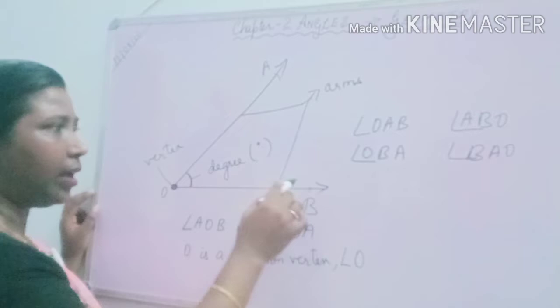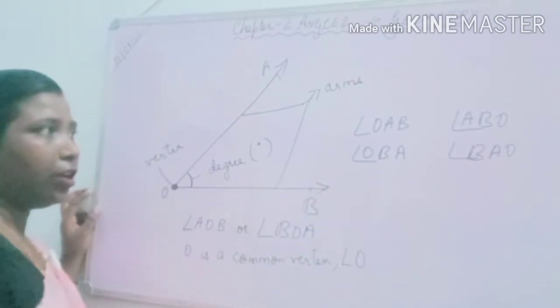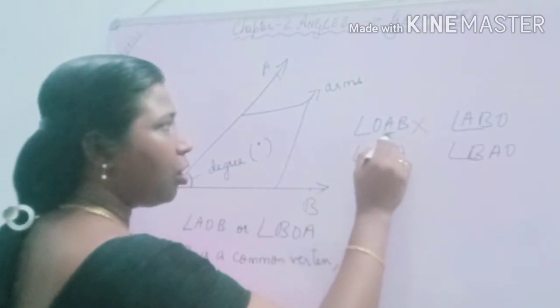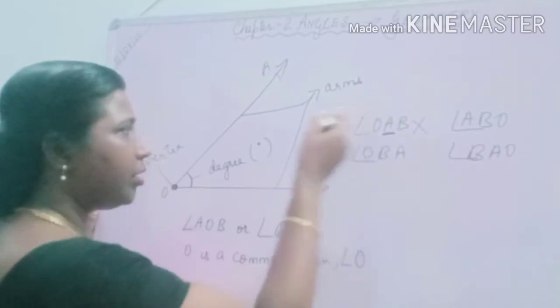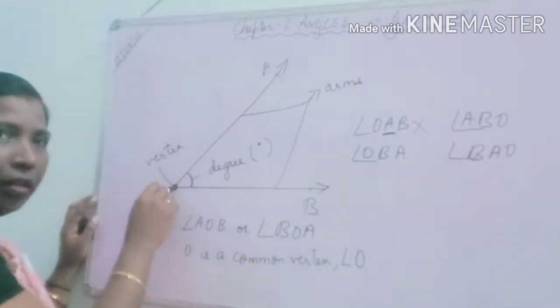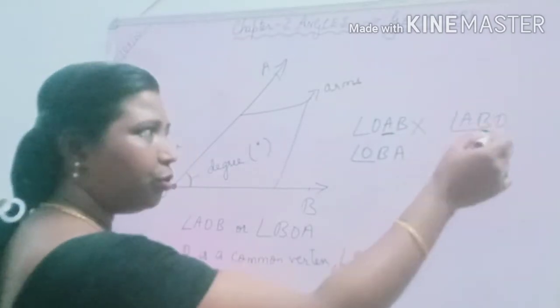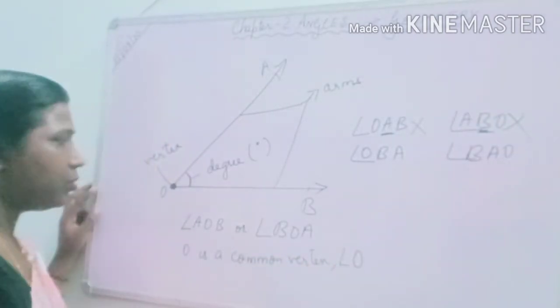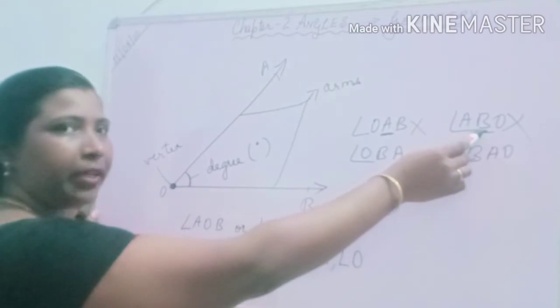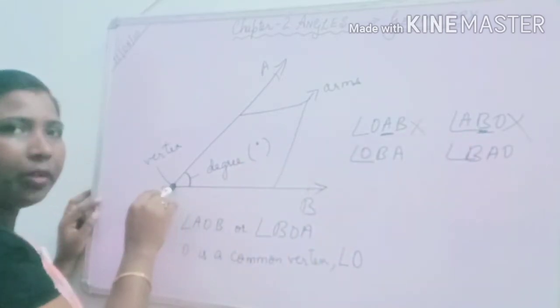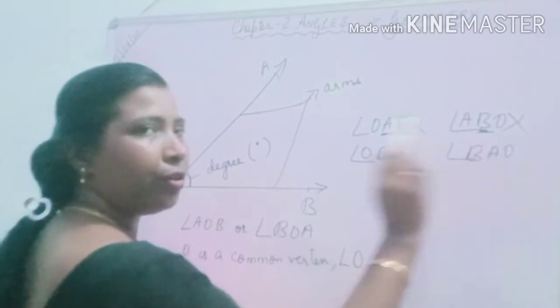Can I denote this angle like this? No, we cannot, because the common vertex is not A here. Here it is O. Here also B is there as the middle letter, but it is not the common vertex. No, it is also wrong. The middle letter is not the common vertex, so this is also wrong.